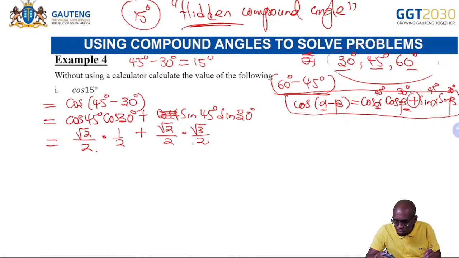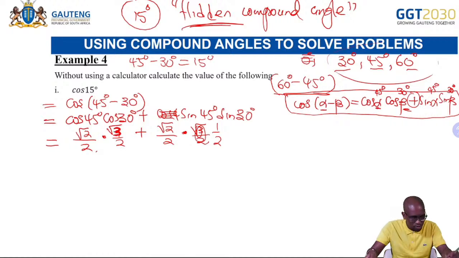Sine 30 should be half. Cos 30, that is the one that is root 3 over 2. So that is why I was saying it was important to confirm using our calculators there.